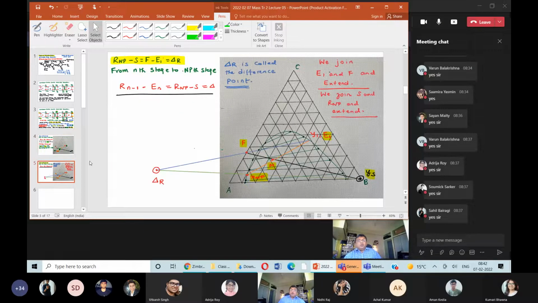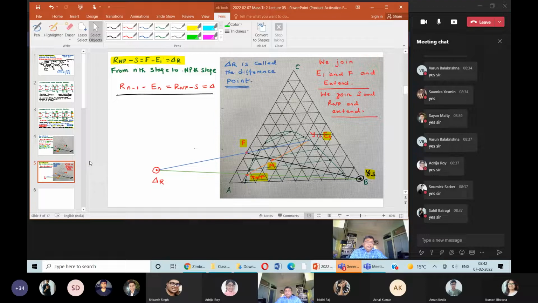And then, once all these 4 points are known to us, we interpret the difference point as a point such that RNP minus S is equal to F minus E1 is equal to delta R, right?